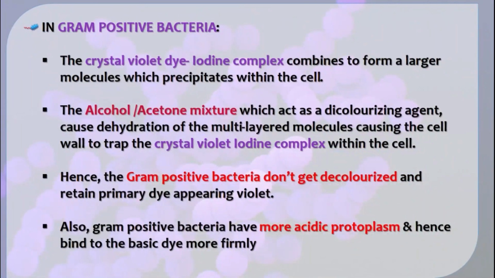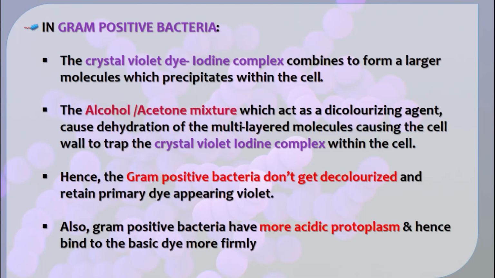In the gram positive bacteria, the crystal violet diiodine complex combines to form larger molecules which precipitate within the cells. During decolorization by alcohol, there is dehydration of the multi-layered molecules, causing the cell wall to trap the crystal violet iodine complex within the cell.